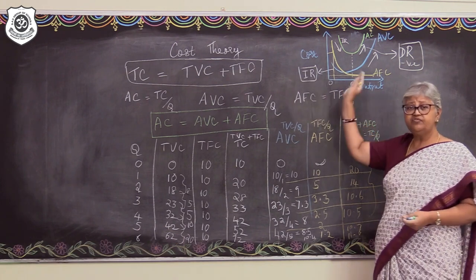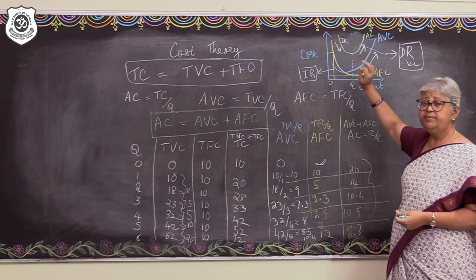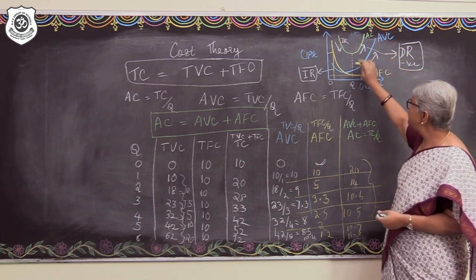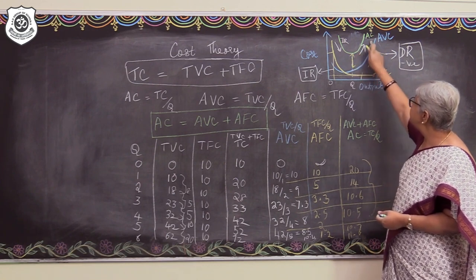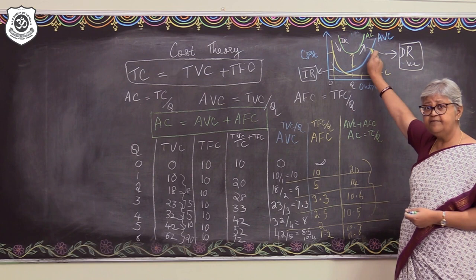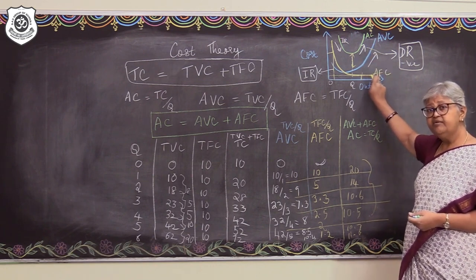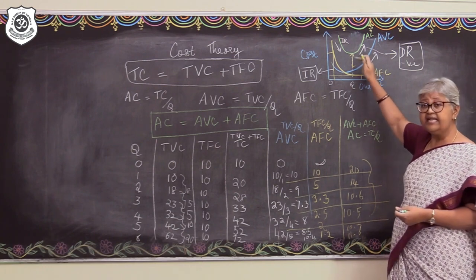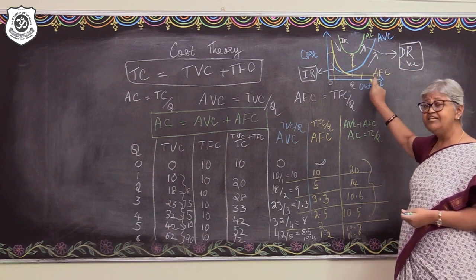At all the levels of output, the AC will be a combination of these two, and also this vertical distance between the AC and the AVC will be nothing but the AFC.